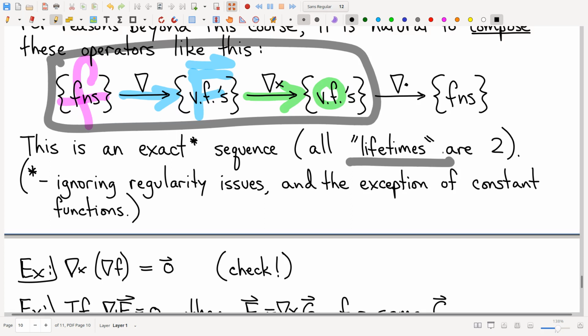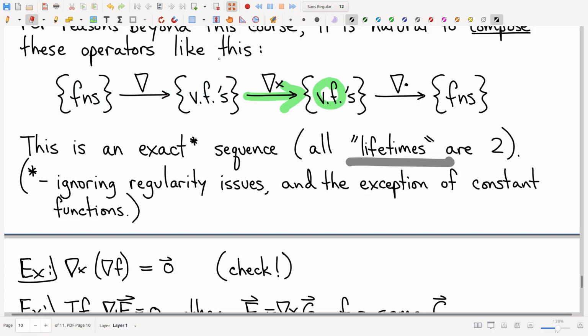All right. And what's really cool is that other than some asterisk-y kind of counterexamples, all lifetimes are 2. So, for example, if you have some vector field, and if you compute the divergence, and you get 0, wait a second, this thing here dies here. It must have been born here, because all lifetimes are 2.